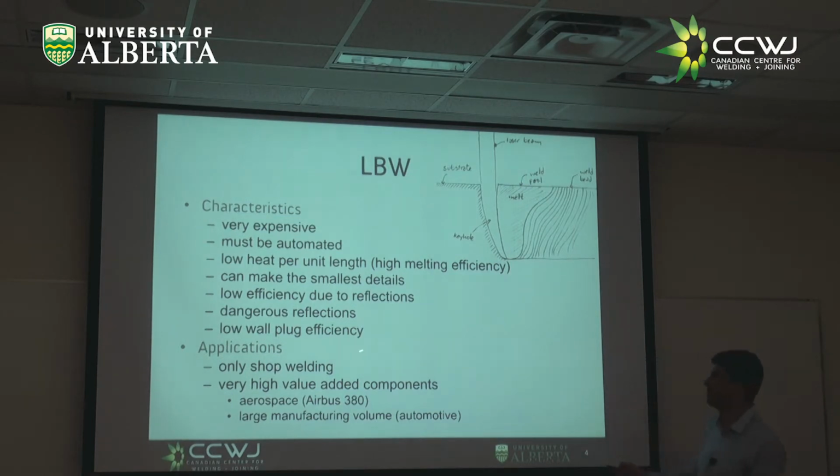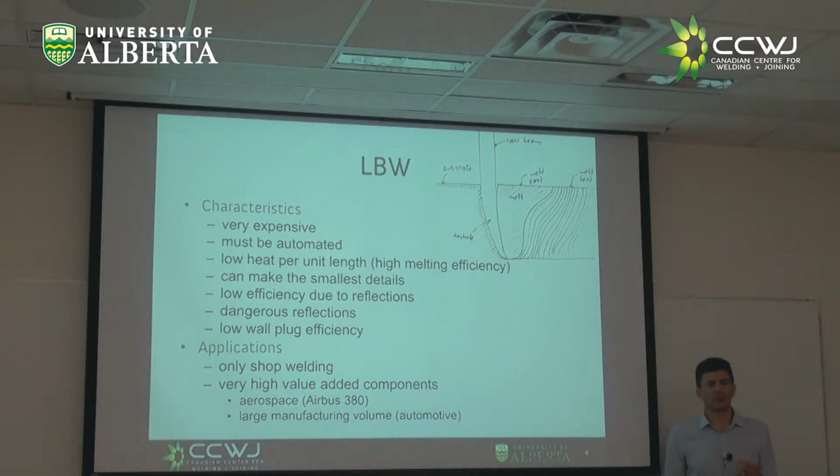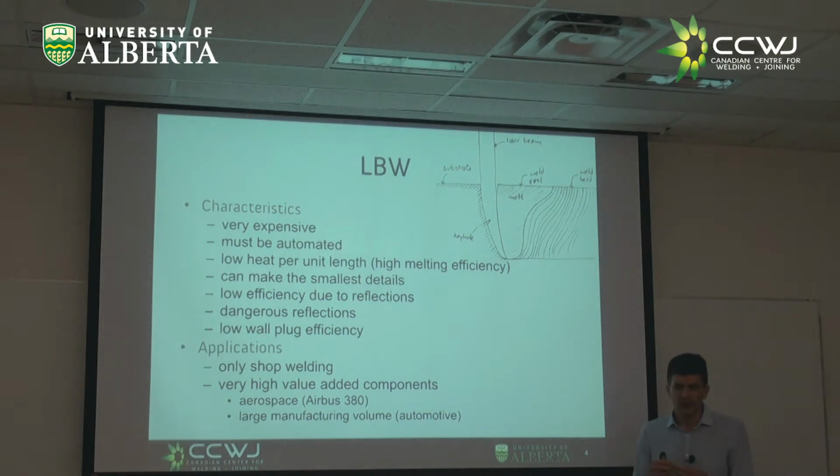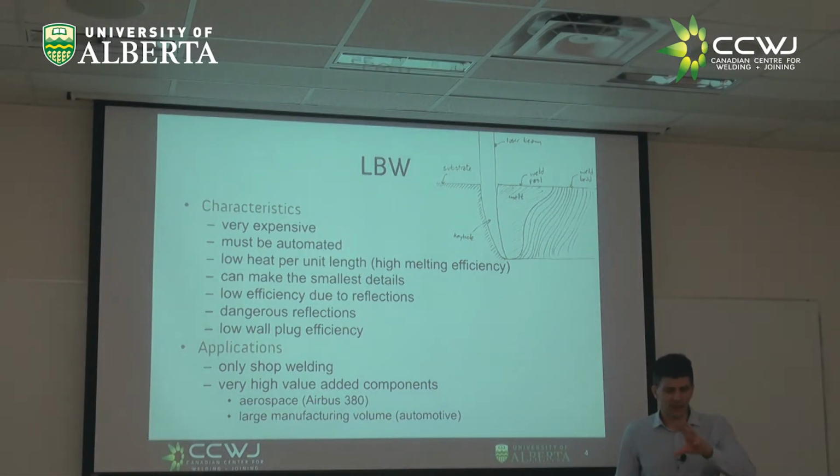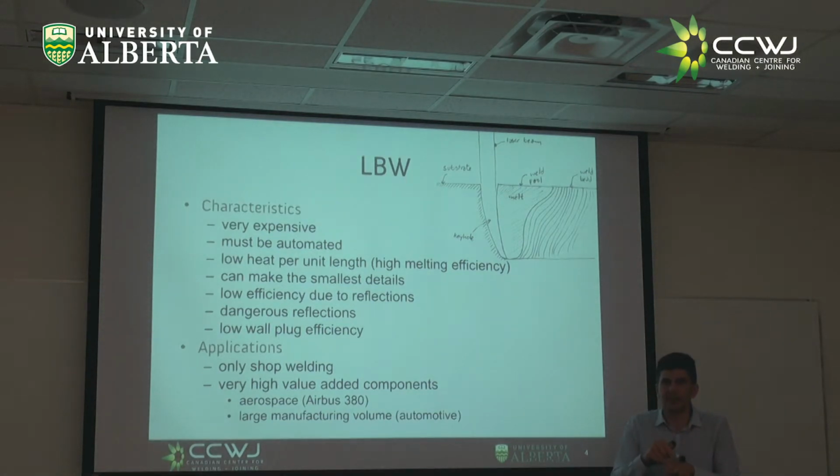This is one of the many paradoxes of welding. With lasers, we can make very small details. So when we are doing repairs or wear protection or corrosion protection of things like stabilizers for drilling, laser cladding is very good because you can make the details of those parts.